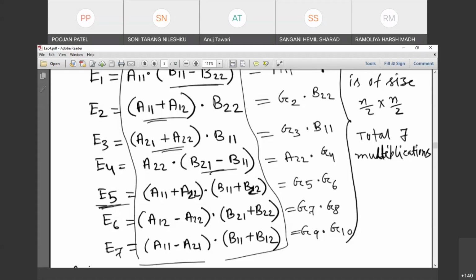Is this true for only square matrices? Yeah, that is an interesting question. But yeah, you could do it for any rectangular matrix as well. You can just add a bunch of zeros to make it square. So it doesn't matter what matrices we are talking about.